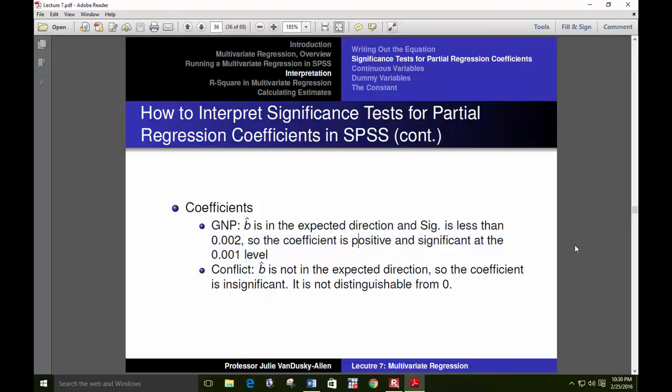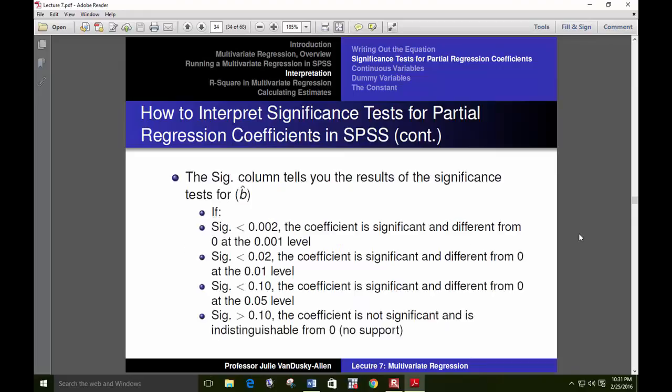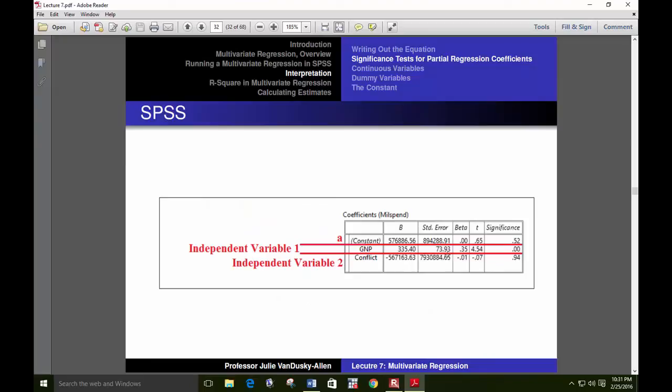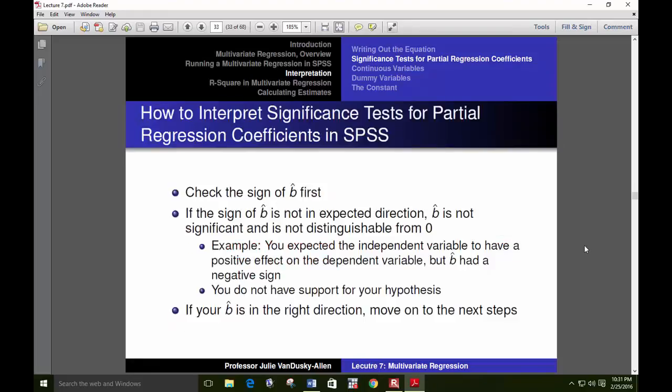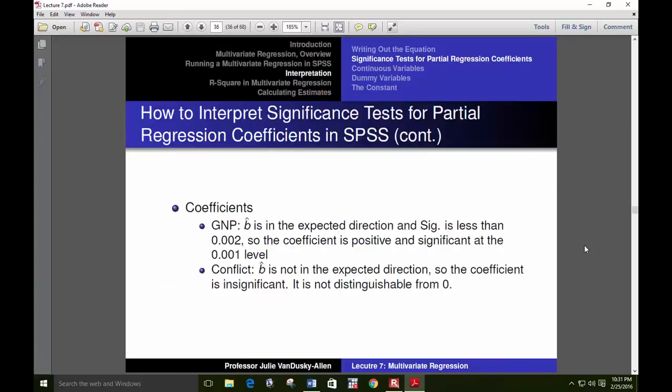Now moving on to conflict. We expected conflict to have a positive effect on military spending. Yet the sign of B hat is negative. So the coefficient B hat is insignificant. It is not distinguishable from 0. So we do not have support for our hypothesis.